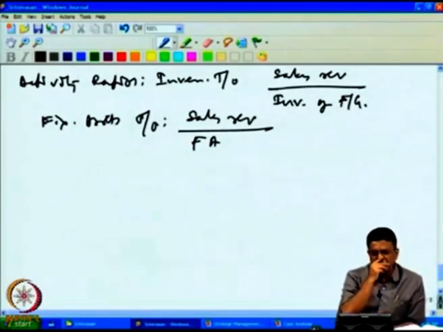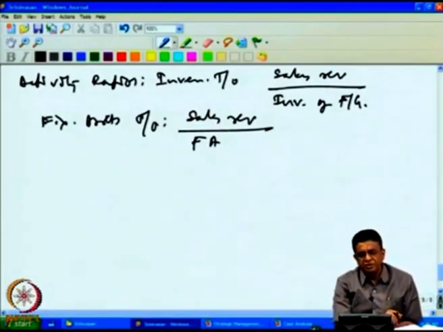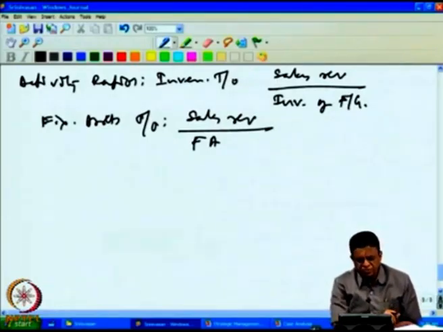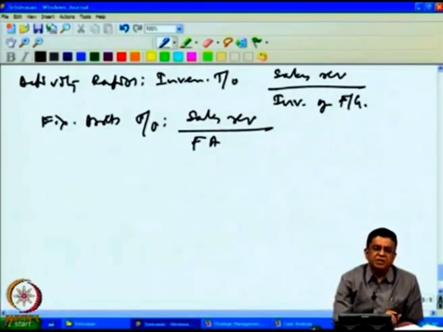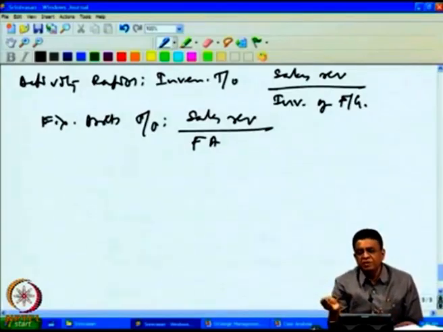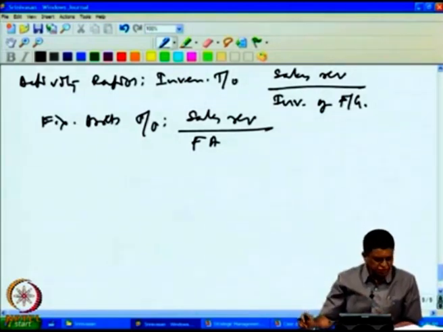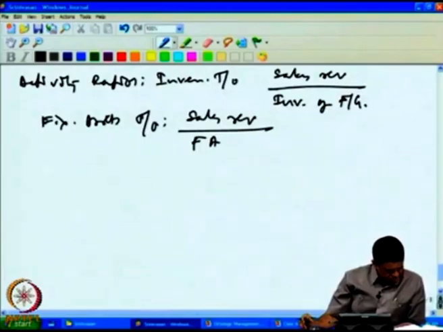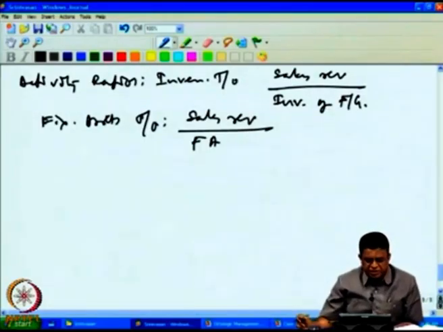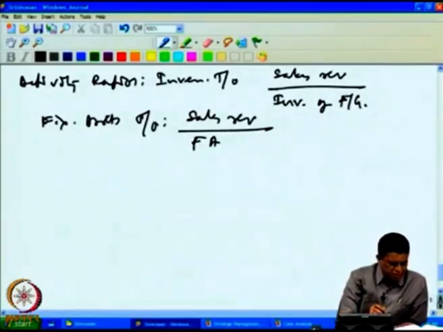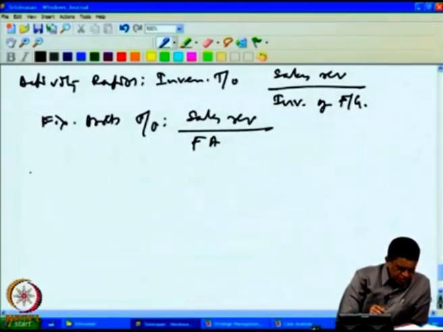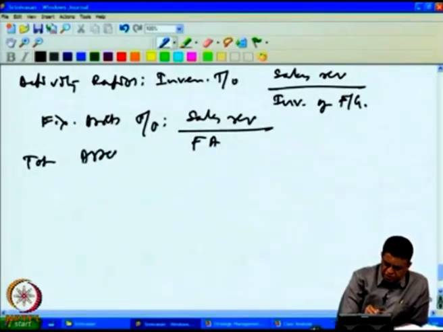How much of your plant and equipment have you made use of to come out with finished goods in your production line? So, this is a measure of the sales productivity and utilization of the plant and equipment. Then the other one is what is called the total assets turnover.